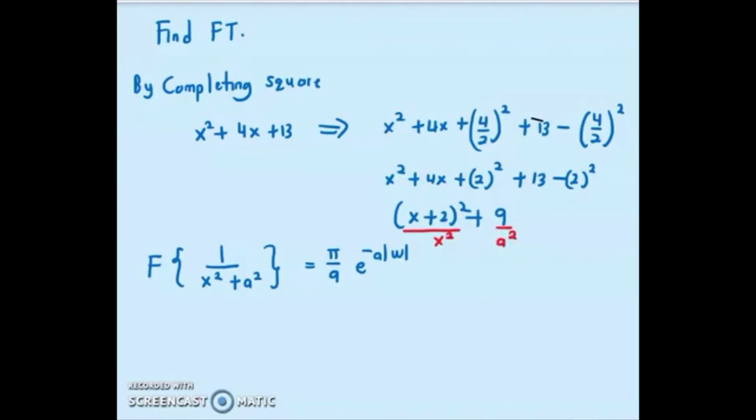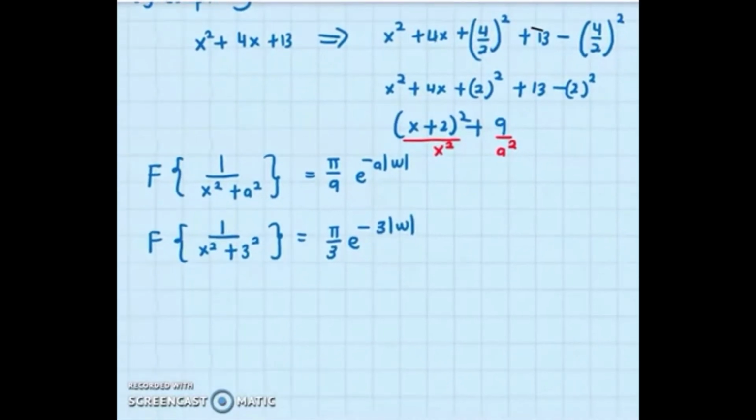So what do we have by using the definition? The Fourier transform of 1 over x squared plus 9, sorry, it's not 9, it's 3 squared, which means my a is 3, I have pi over 3 e to the negative 3 omega.